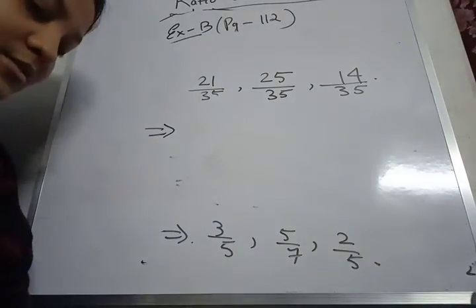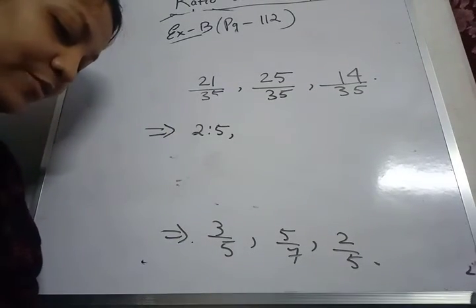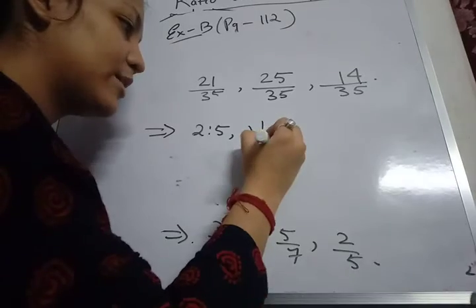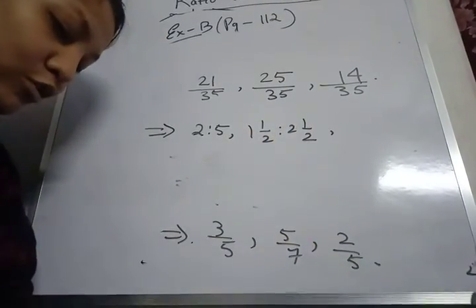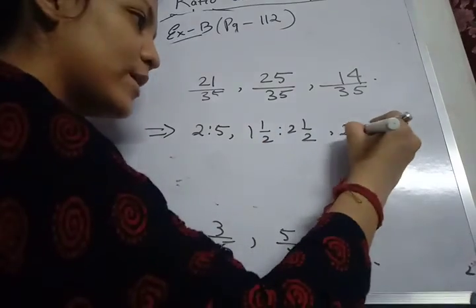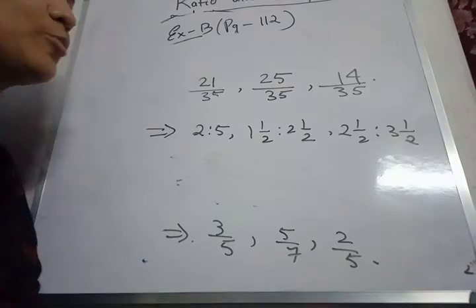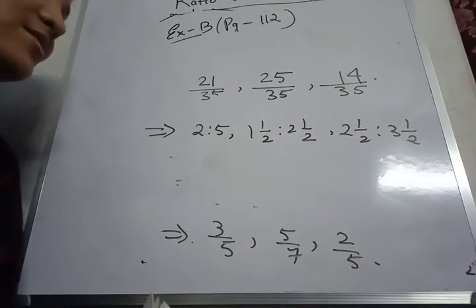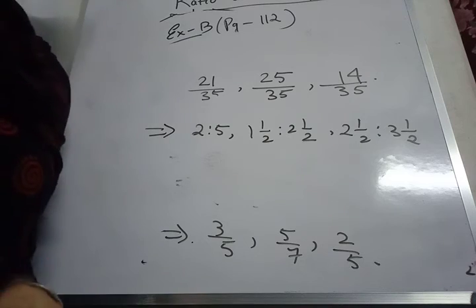Your order is 2 is to 5, then 1.5 is to 2.5, and then 2.5 is to 3.5, on the basis of the numerators. Okay, so this is the ascending order of the given ratios. So that's it, class. Thank you.